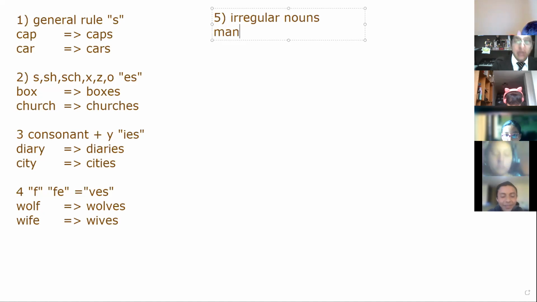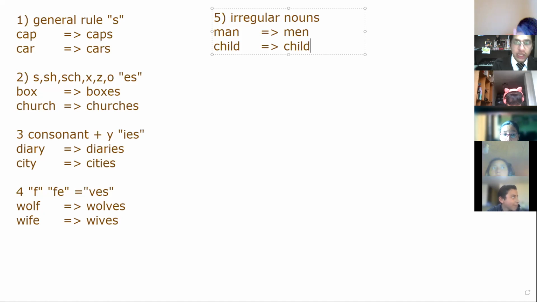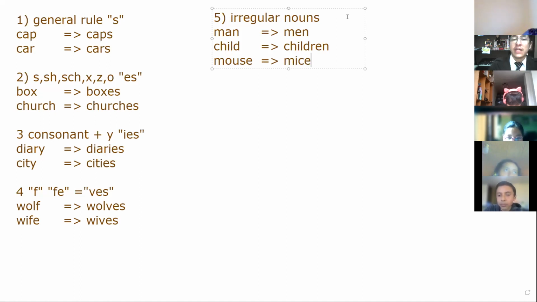For example, the plural of man is not mans. No, it changed totally. So the plural of man is men. The plural of child is children. The plural of mouse is mice. You see? So in this case, the nouns change totally, totalmente.